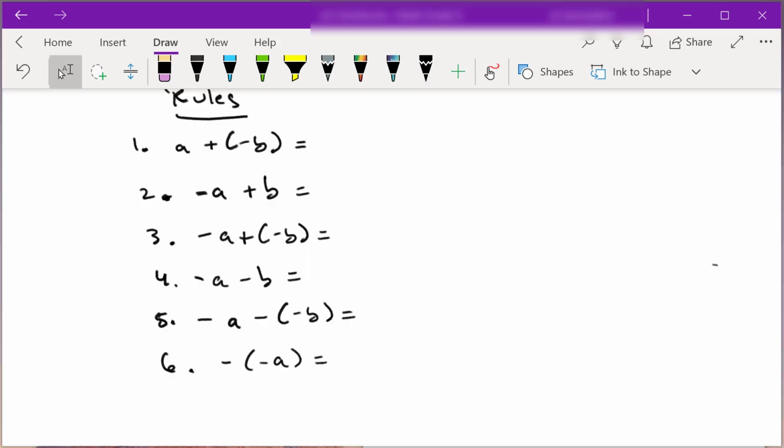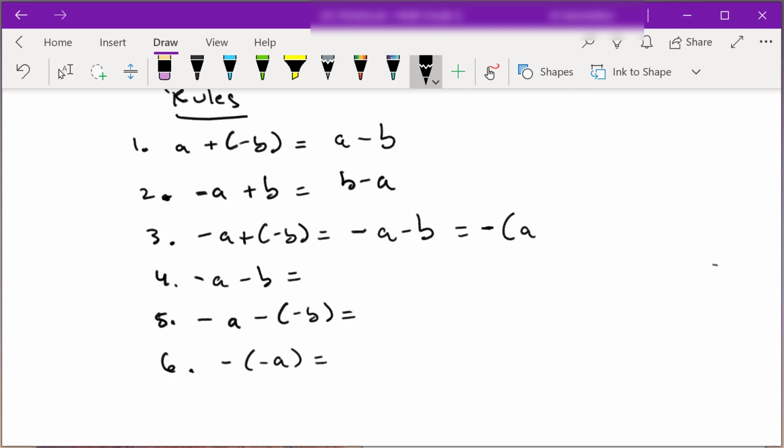Let us look at the following rules. Number 1, a plus negative b is simply a minus b. Number 2, negative a plus b is simply b minus a. Number 3, negative a plus negative b is simply minus a minus b, or we can factor out the negative sign and just say minus (a plus b).